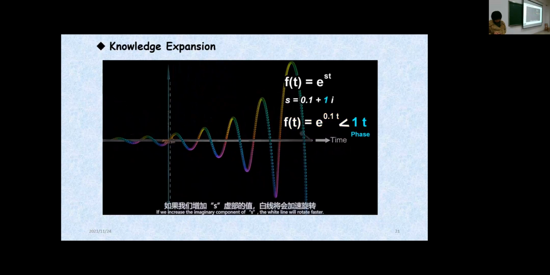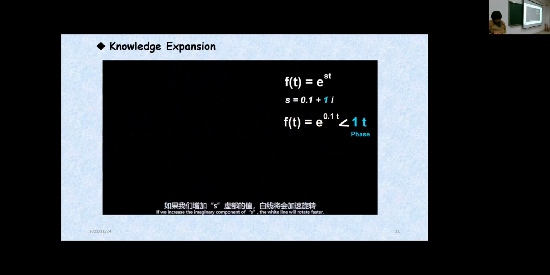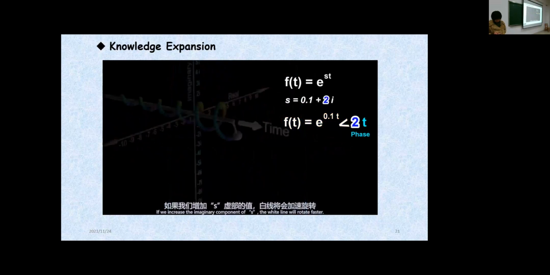If we increase the imaginary component of s, the white line will rotate faster.